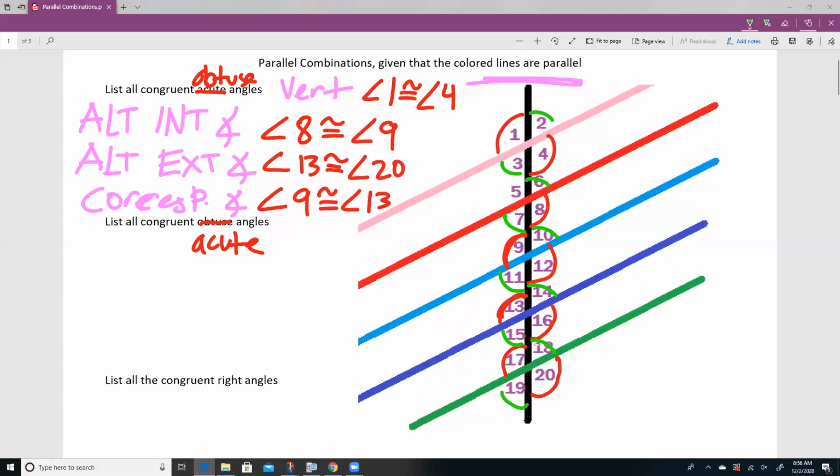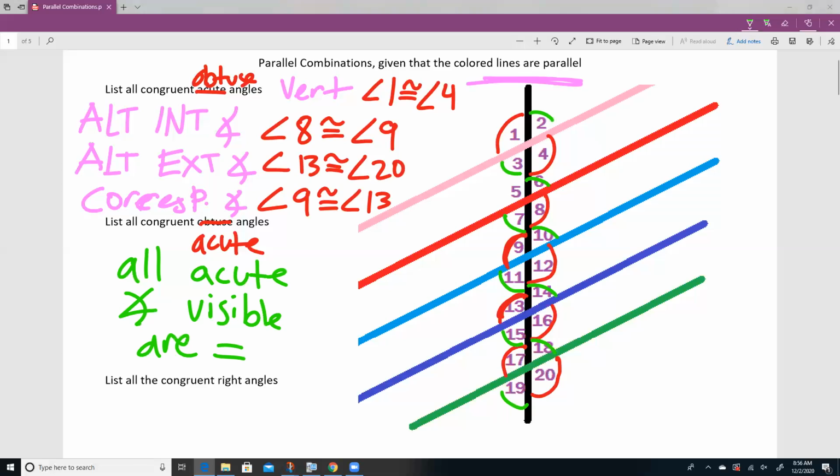All the acute angles, all acute angles visible are congruent.